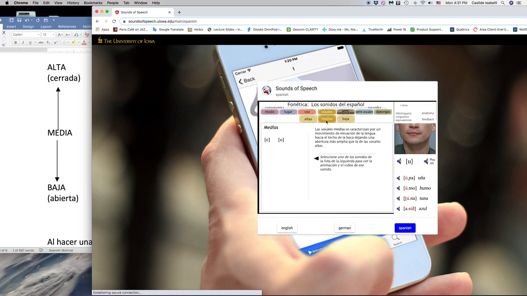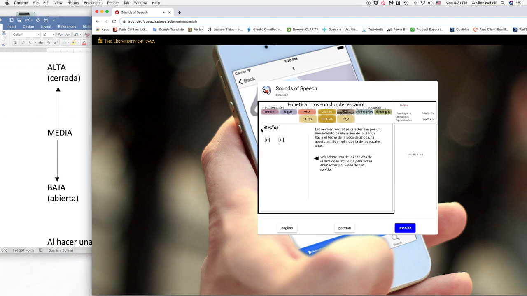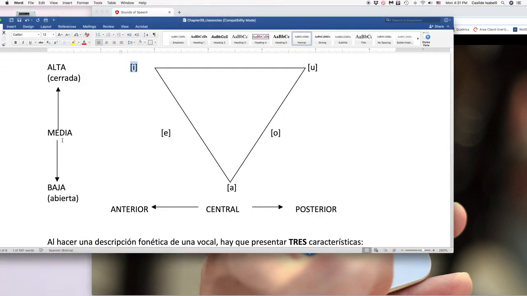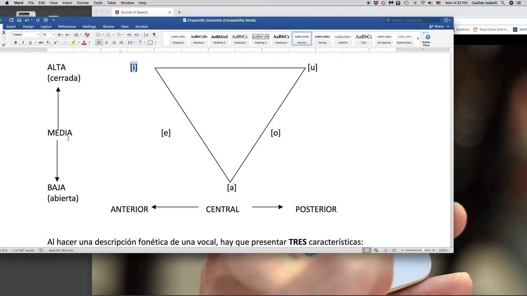The next vowels that we have are las vocales medias, E y O. And this is what we have here. The tongue is in the middle position of the mouth, vertically. It's like in the most central part of the mouth, E and O. You'll see here that the E is pronounced towards the front of the mouth while the O is towards the back of the throat.